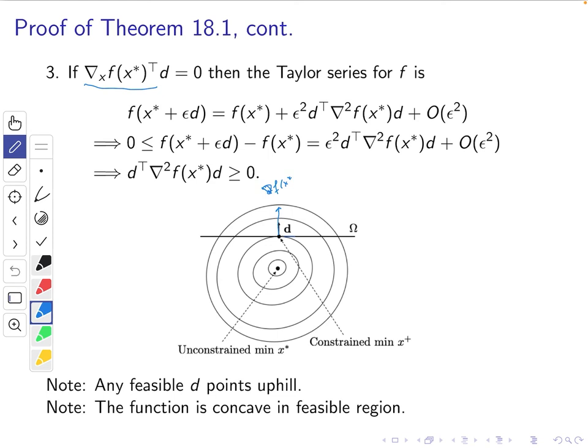If you look at the feasible directions where the inner product is equal to 0, for these particular d's, we have to have that d transpose the Hessian d is positive.